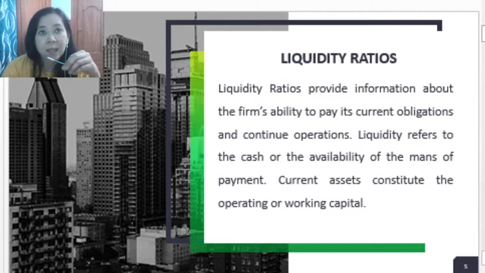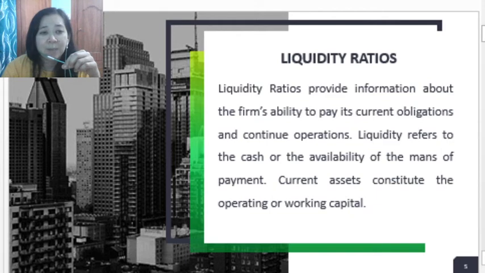These are the assets that are normally used or, for non-cash assets, converted into cash within 1 year or 12 months, or within the normal operating cycle of the entity, whichever is longer.